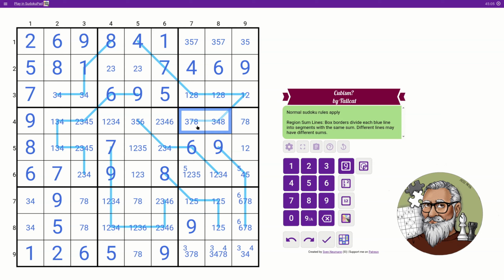And if it's 4, 7, well, of course it's 4, 7, but that doesn't really matter, does it? Doesn't look like it.